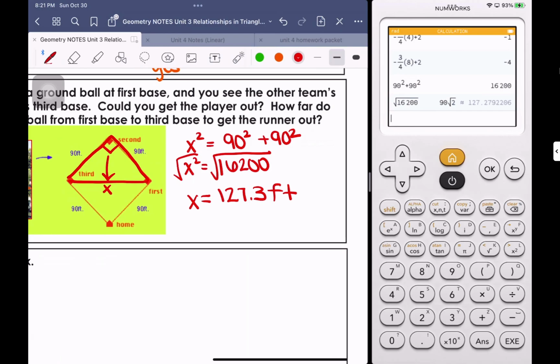I know this calculator shows you the simplest form, but we want that decimal in this application problem. If you don't remember how to take the square root on our calculator, you have to hit the second button, I think second and then x squared, because above it is that little radical. And then you should see it come up like this on your screen.